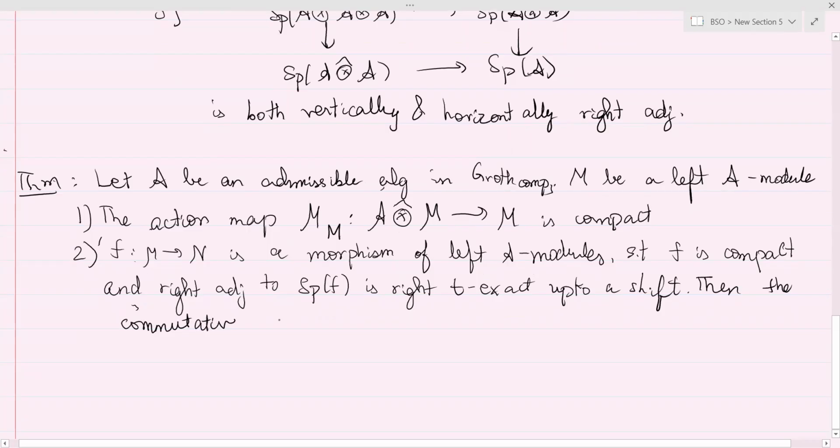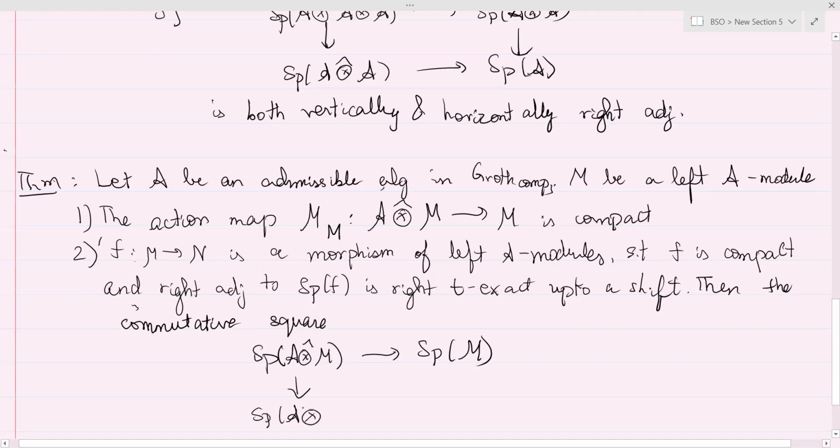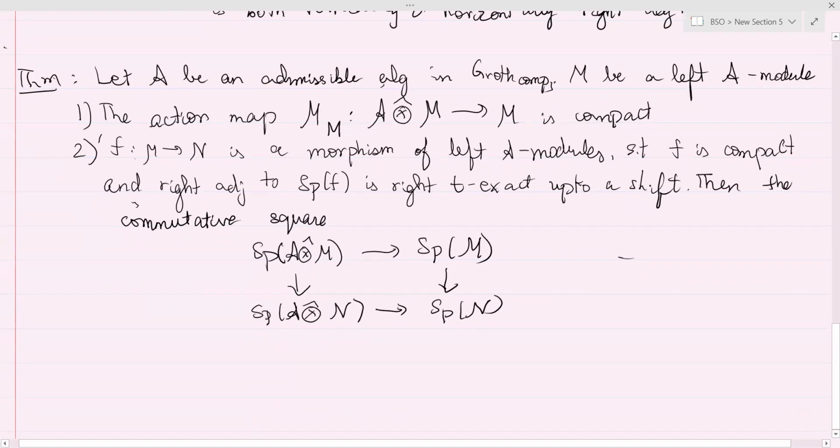the commutative square given by this morphism from M to N, where you have the action map on the horizontal maps, and on the vertical maps you have the map induced by F, is both vertically and horizontally right adjointable.